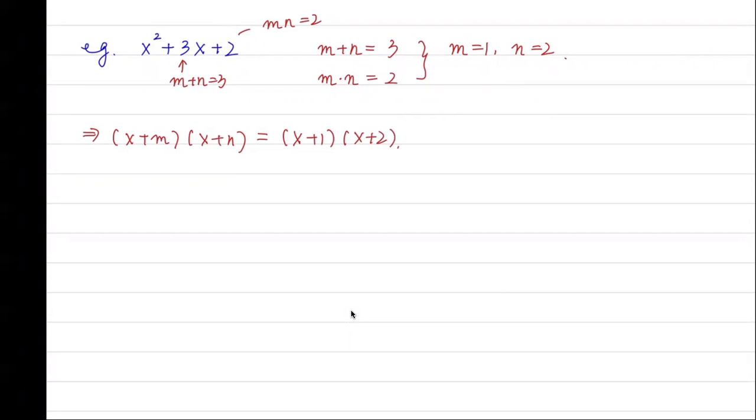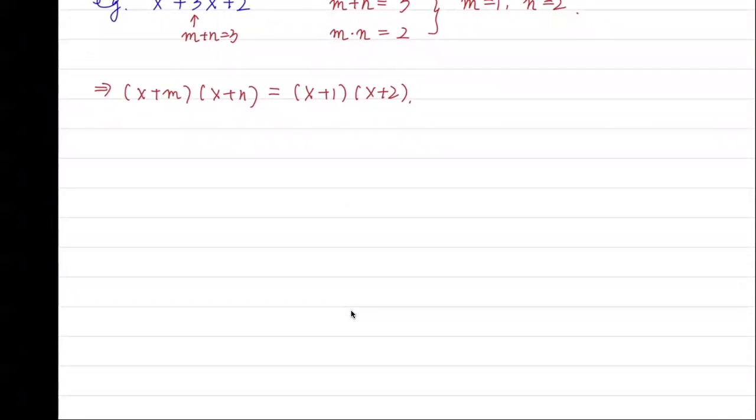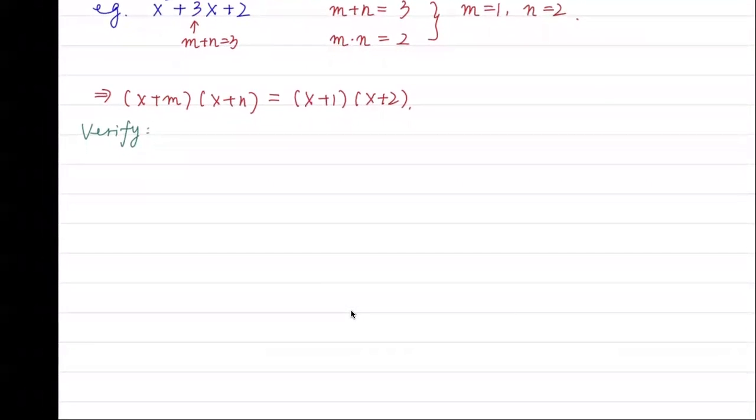And don't forget to verify your answer. If you get really comfortable with the process, then you don't really need to verify your answer. But at the early stage, I think you should always verify. If we got the answer correct, then if we expand this, it should give us the original trinomial.